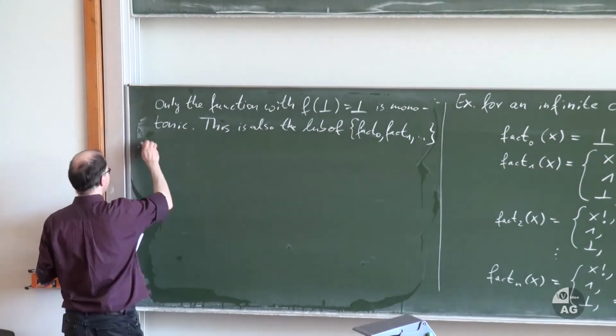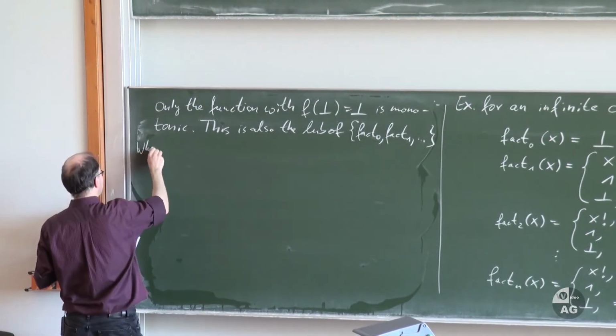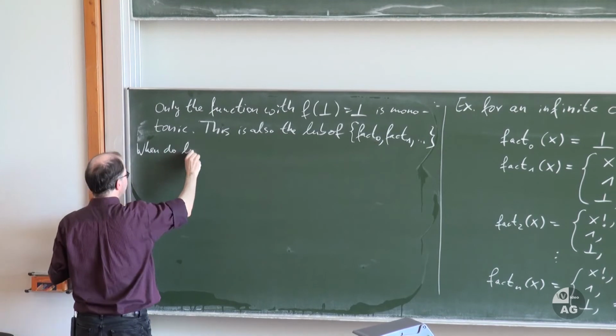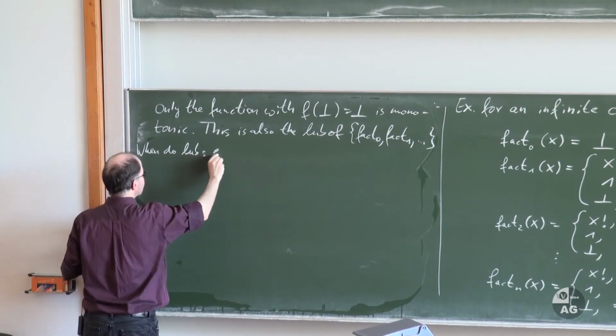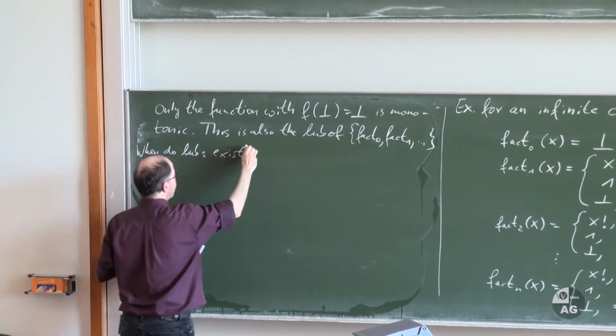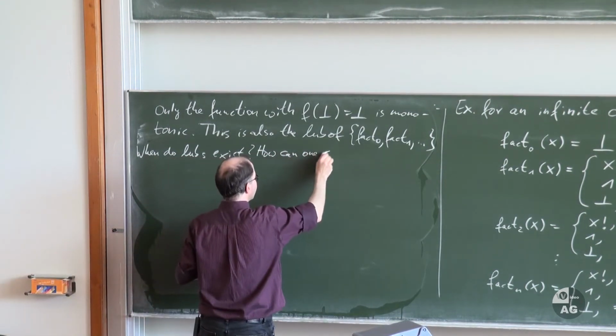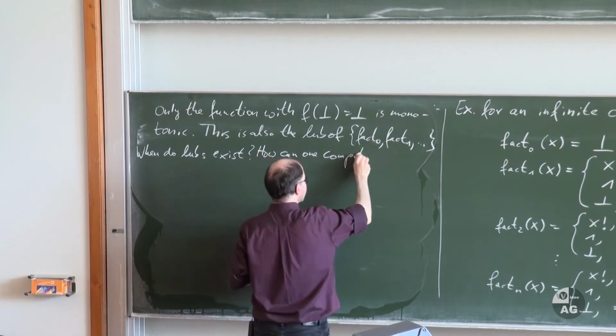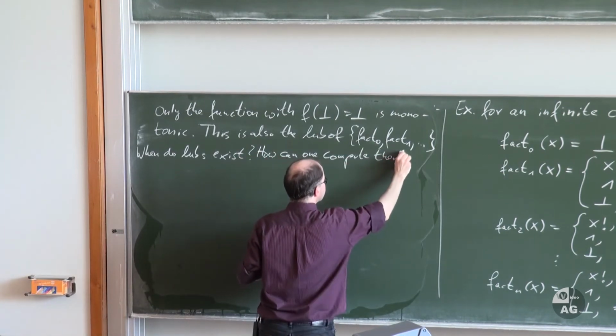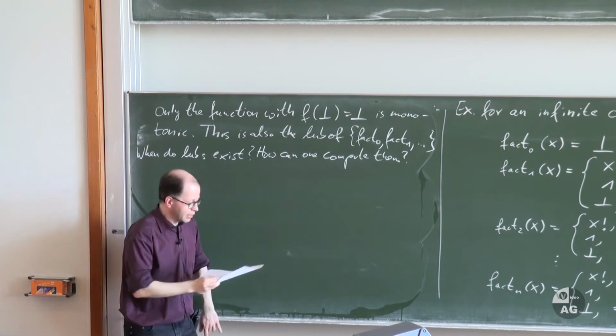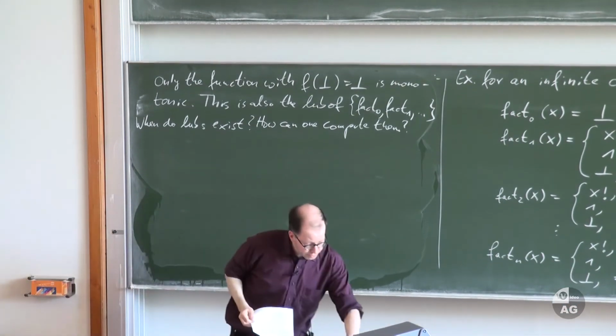So when do least upper bounds exist, and how can one compute them? This is partly answered by the following lemma.